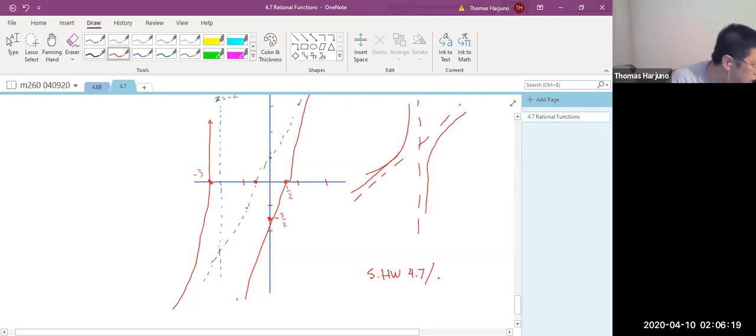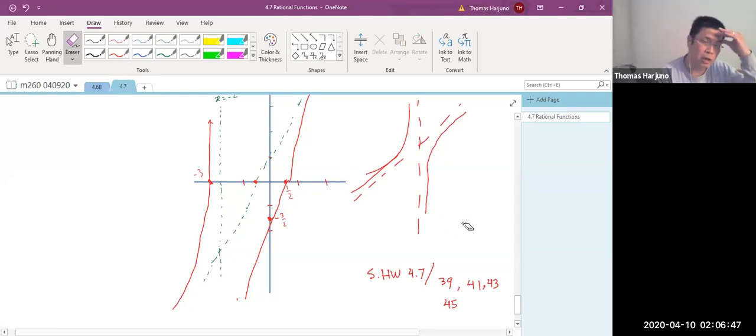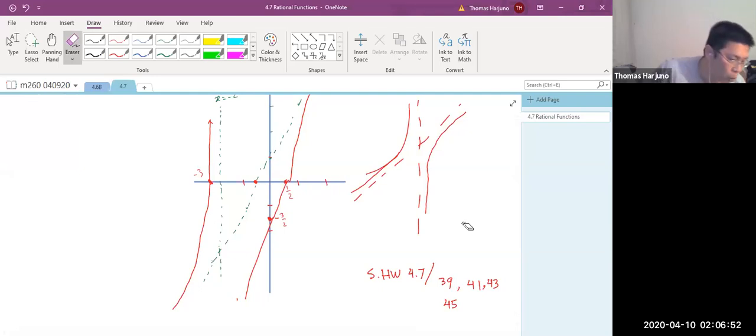Number 39, 41, 43. Answer the questions that I asked you to do. Also maybe number 45. The questions you need to answer are the domain, x-intercept, y-intercept, horizontal asymptote, vertical asymptote, slant asymptote if any, and hole if any.